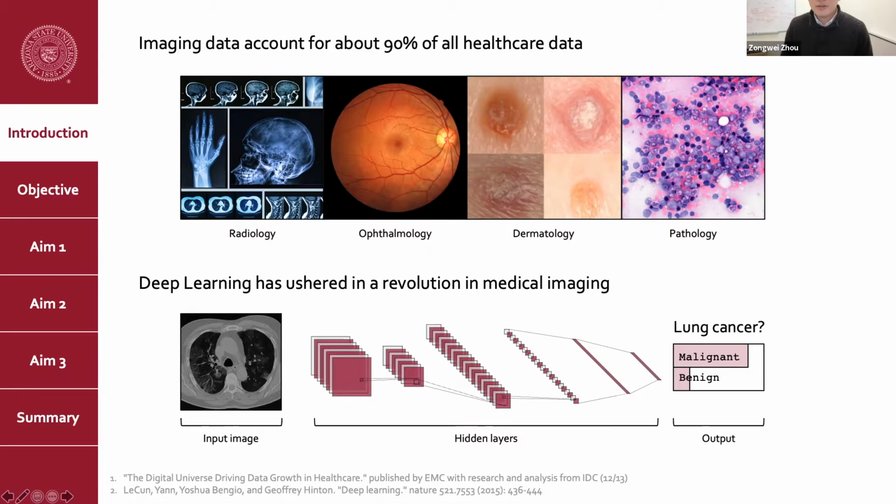In the last few years, deep learning methods have been dominant for building a computer-aided diagnosis system. We can use a deep learning model to identify, localize, or measure the disease in an image. This method shows promising, and sometimes even amazing, results in several medical tasks.